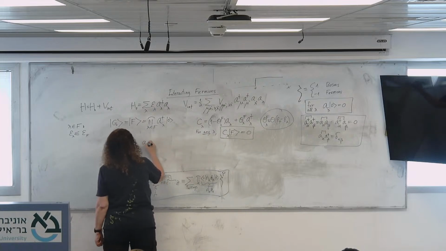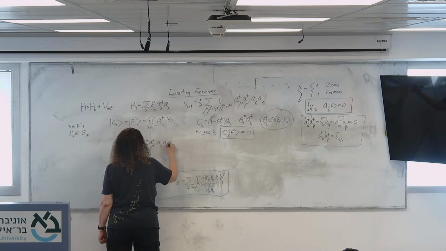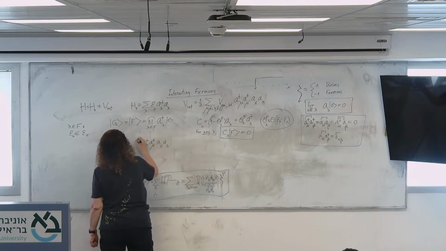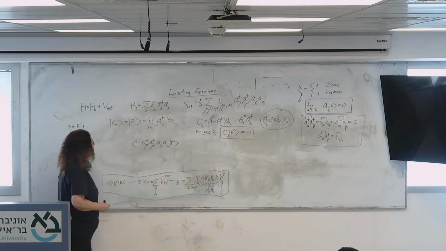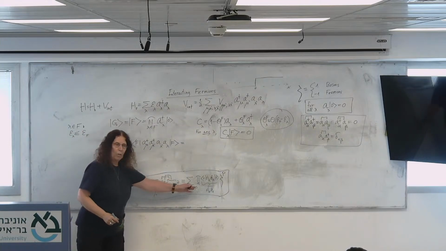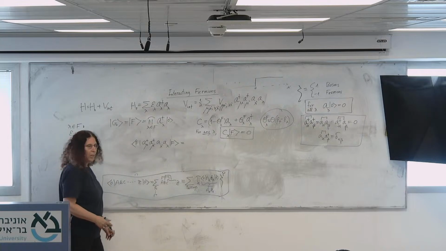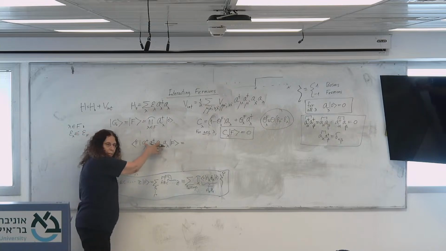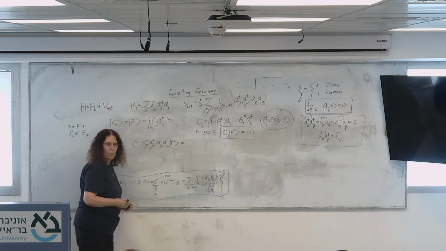So A mu dagger, A mu prime dagger, A lambda prime, A lambda. This expectation value is given by the Wick theorem. What do we do in the Wick theorem? We look for all the possible pairings of 4 operators, and each of them gives me a product of contractions.